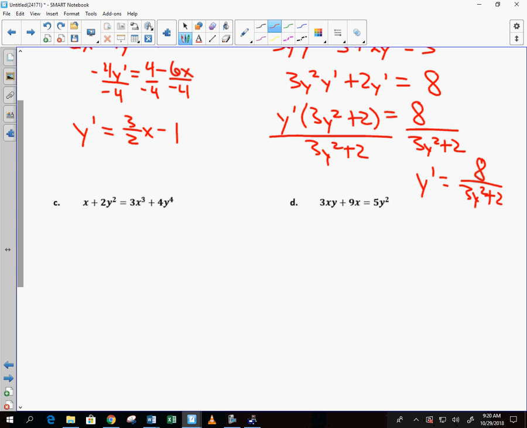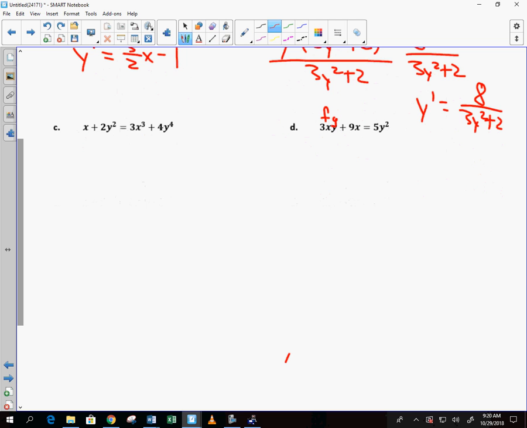What do you think? Product rule, yay! It's really no big deal. We're going to call the 3x f and we'll call the y g, okay?